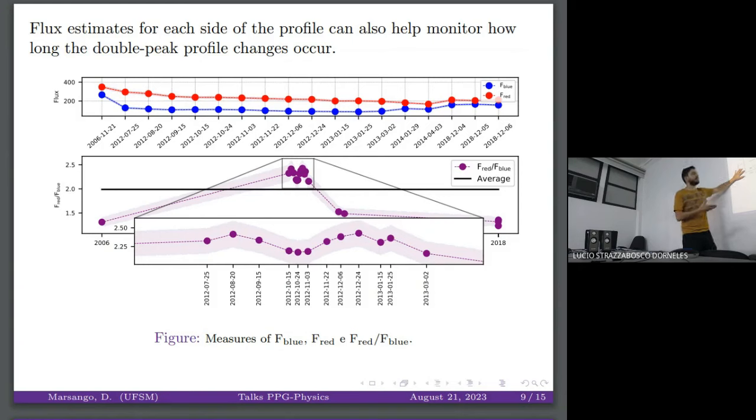The other scale identified in the study is the short time scale. The scale is shown in the figure in the bottom panel. There may be a variation over many months.